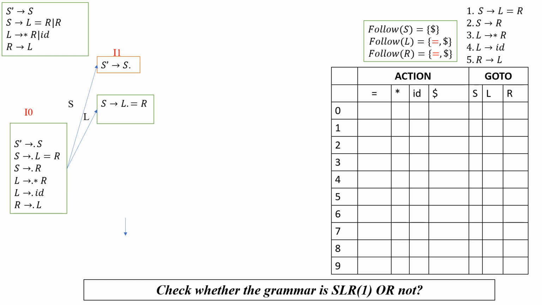So we have seen L, now the dot follows = R. Next one, R derives L. So let us name this state as I2. How many productions do we have? Exactly two productions. So one is S derives L. = R, and the other one is R derives L.